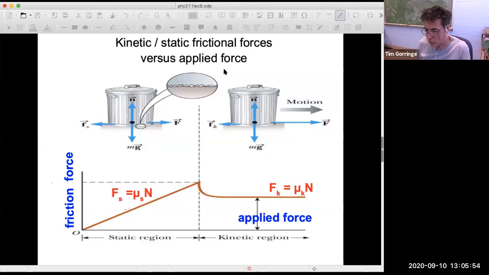Okay, here's just to stress these two types of friction, right? Here's a picture showing basically a graph. This could be the crate and me pulling the crate, but for some reason in this figure, it's a garbage bin and me pulling the garbage bin.